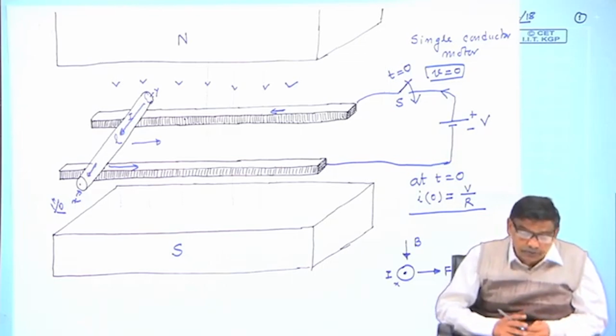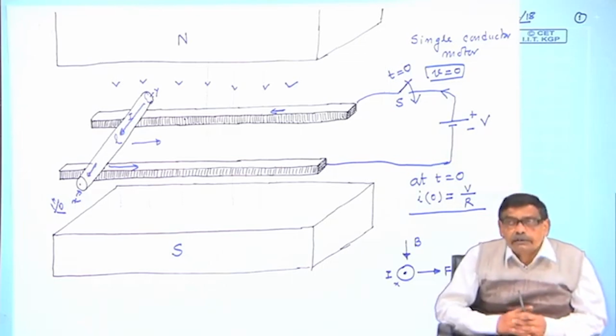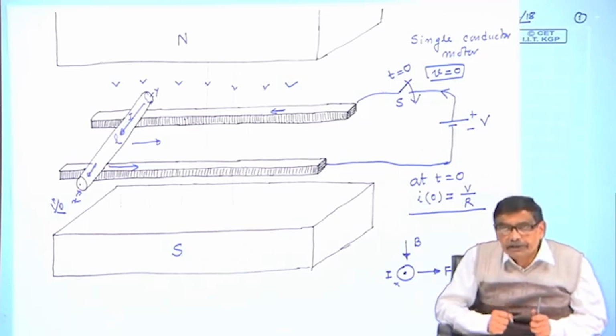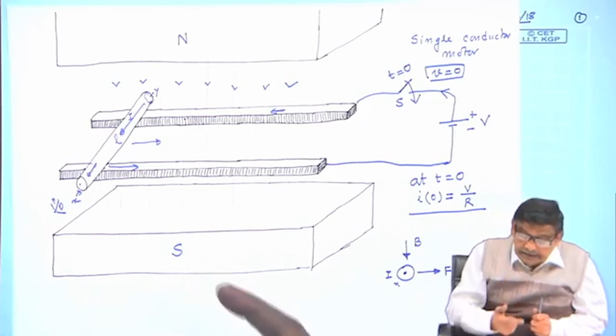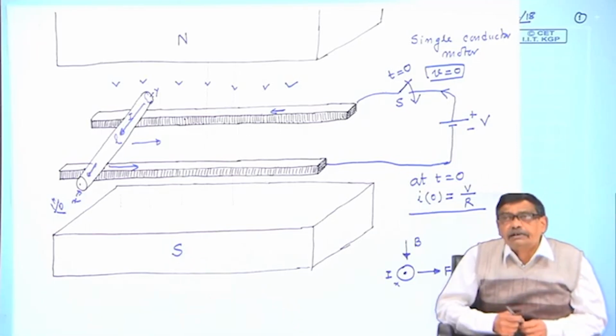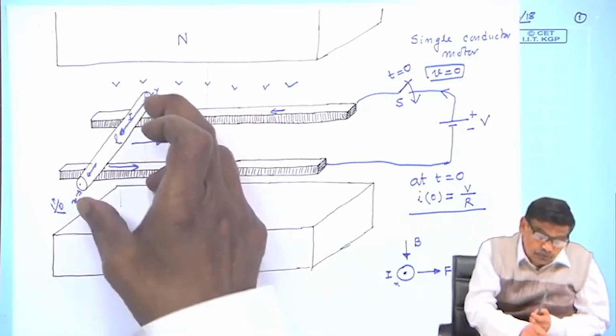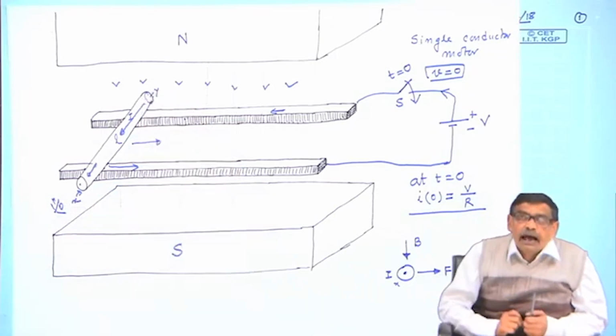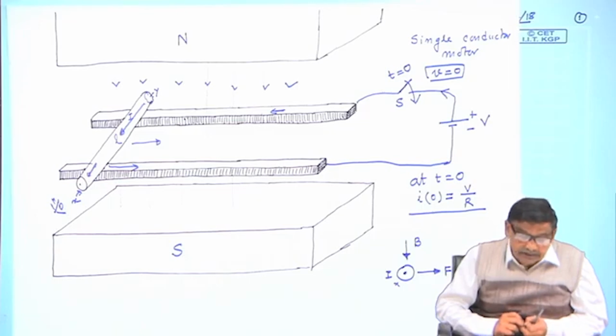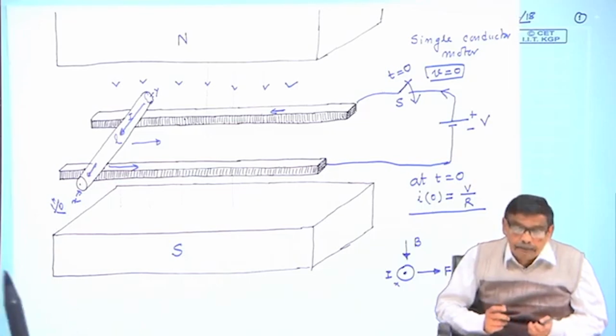Therefore, we also know that a conductor moving with a velocity v and placed in a magnetic field B must generate a voltage across its two ends x and y, and the magnitude of the voltage is B L v.